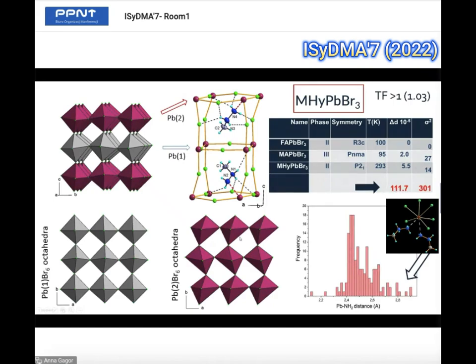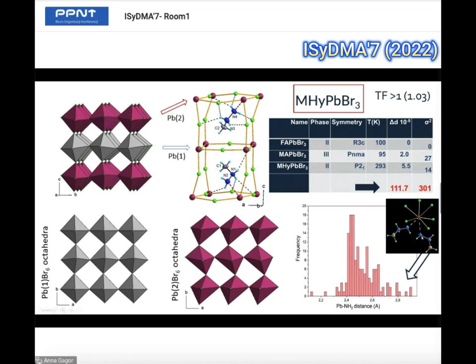Why does it happen? Because in this material, the methylhydrazinium is too large to form the normal three-dimensional perovskite structure. Its tolerance factor is larger than 1. So theoretically, this three-dimensional structure should not be formed, but we have here organic and inorganic compounds, so something different from inorganic chemistry.